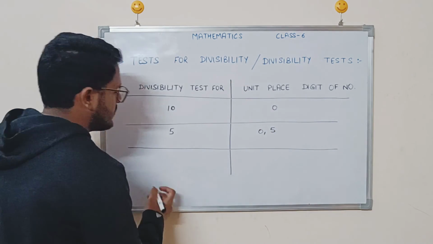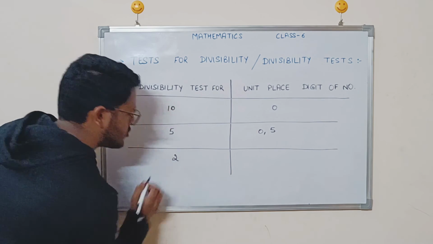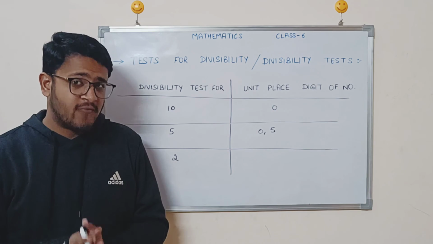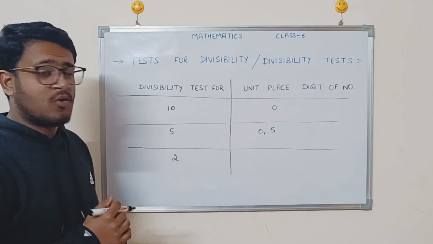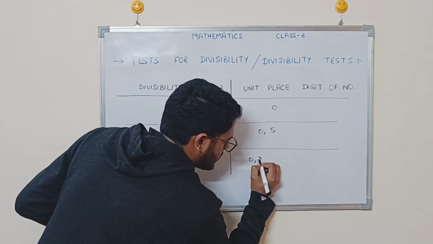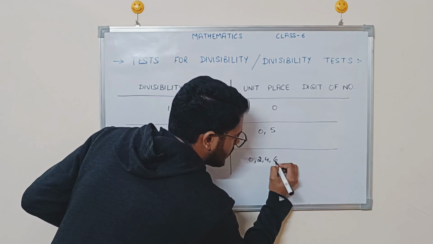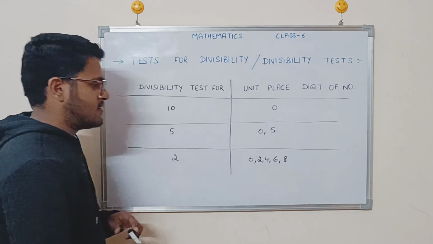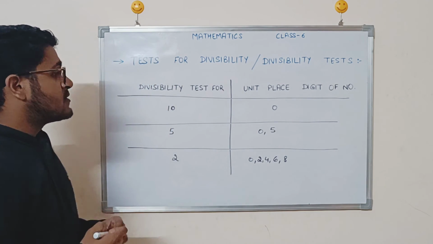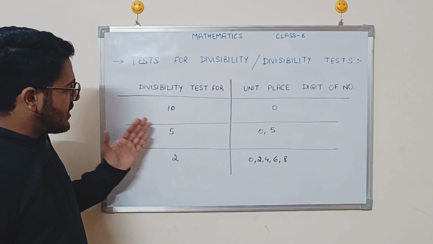After this we discussed the divisibility test for 2. A number is divisible by 2 if and only if the unit place digit of that number is either 0, 2, 4, 6 or 8. So this is how we can easily remember the divisibility tests for 10, 5 and 2.